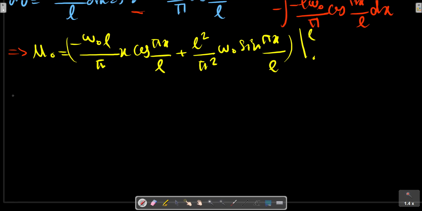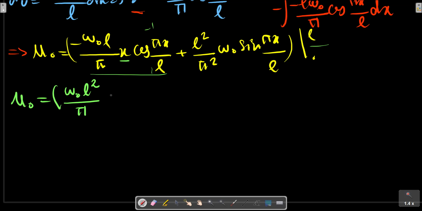So M0 can be calculated. With L, we have the first part, minus L times minus 1, plus omega 0 L squared on pi. The second part, for L, sin pi equals 0.